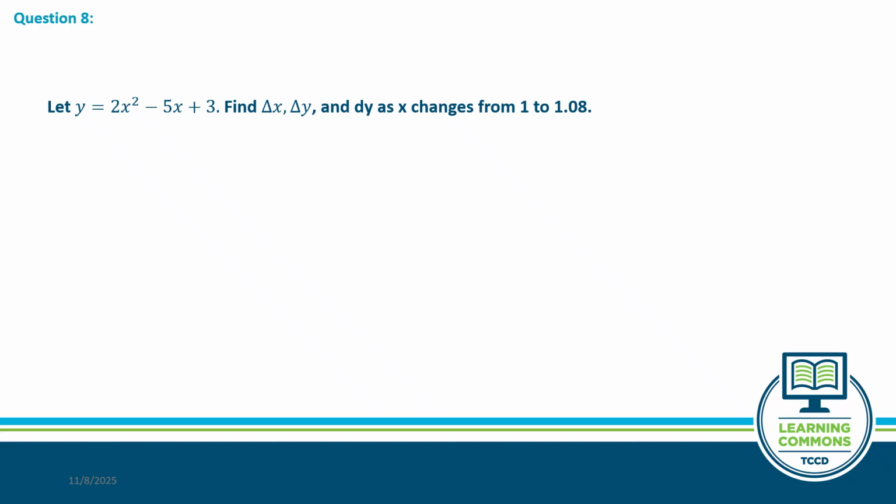Okay, so I'm just going to show you how to do the general steps. To find this piece, you're going to do 1.08 minus 1, 0.08. And again, it should be the same for every single one. Every single time it'll be this to this one.